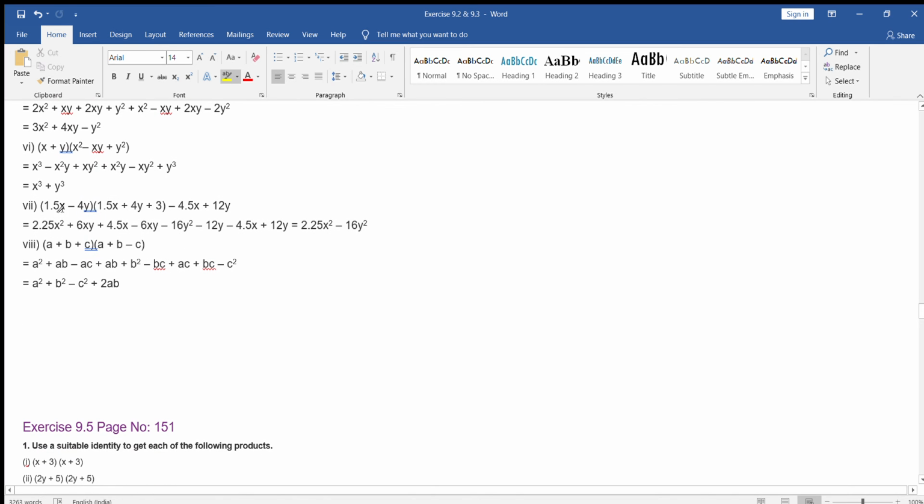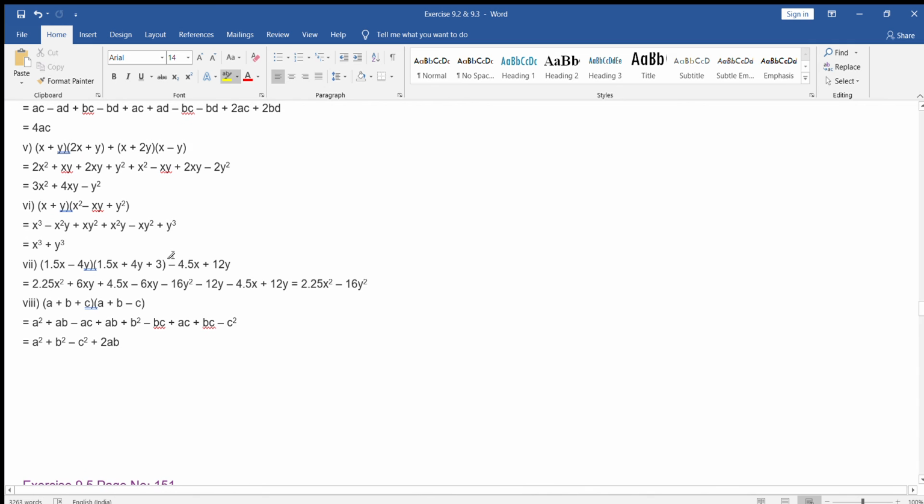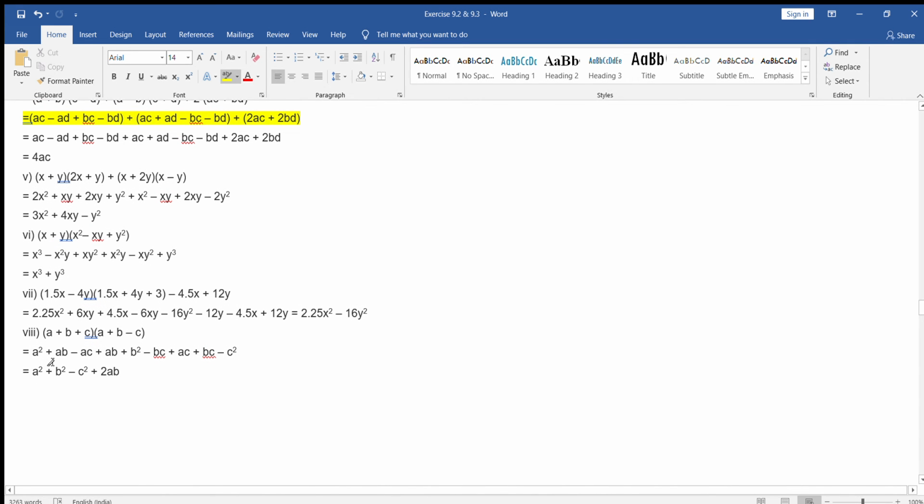Just see here this one, multiplication of trinomial with trinomial. Here we are having the multiplication of trinomial with trinomial. This also we will solve in a similar way. First of all we will multiply this a plus b plus c. Just see, I will explain if you are not getting my point.